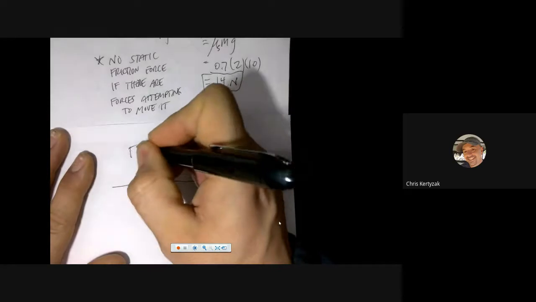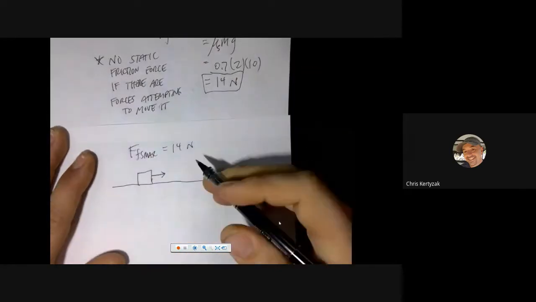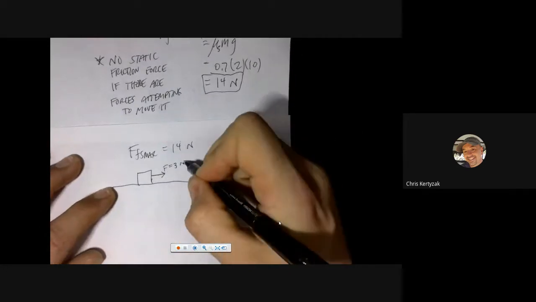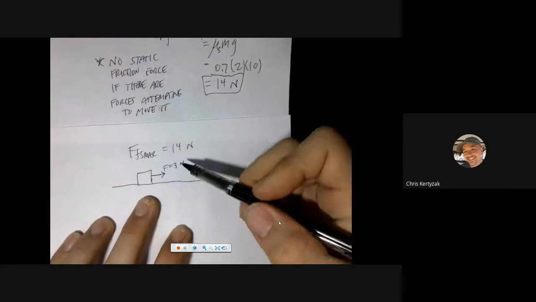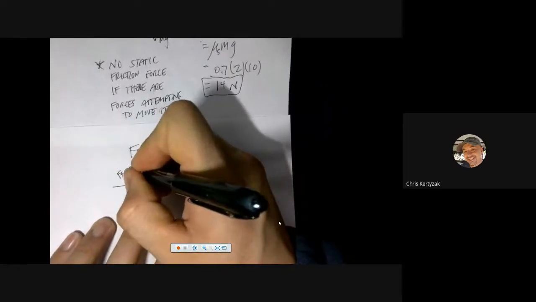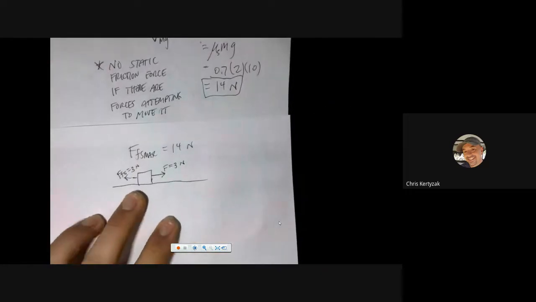If you came over and pushed this, if we again calculated that the maximum static friction force is 14 newtons, and you push it with 3 newtons of force all of a sudden, but it doesn't move, there's plenty of room there. This static friction force can go all the way up to 14 newtons. If you're pushing with only 3 newtons, it will say, I can match that easily. My static friction force can easily match 3 newtons because I'm strong enough to go up to 14.